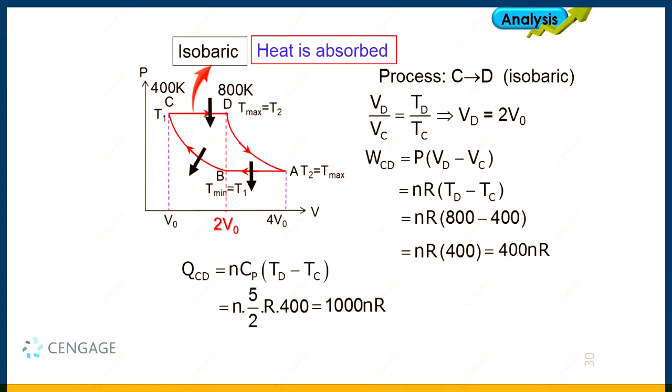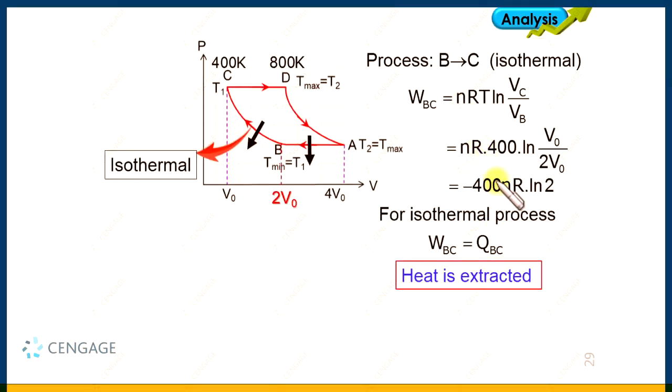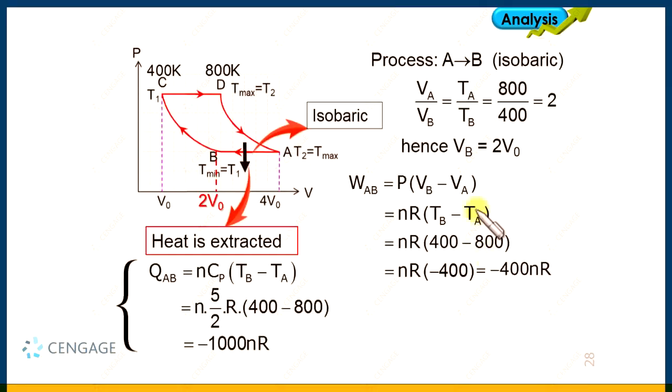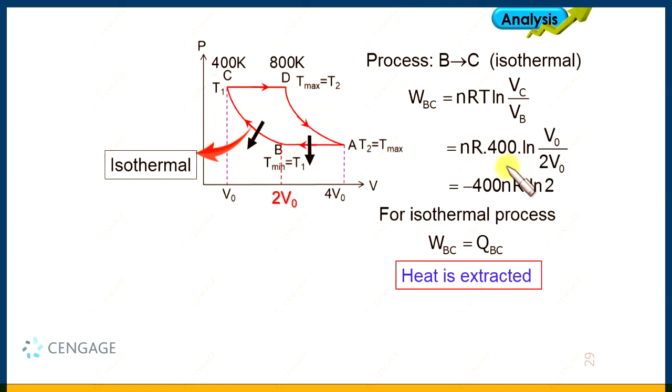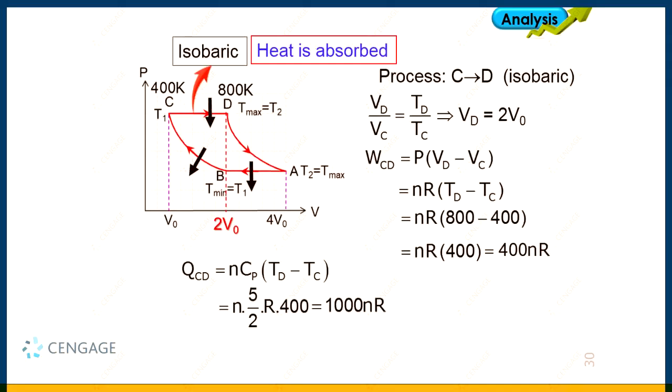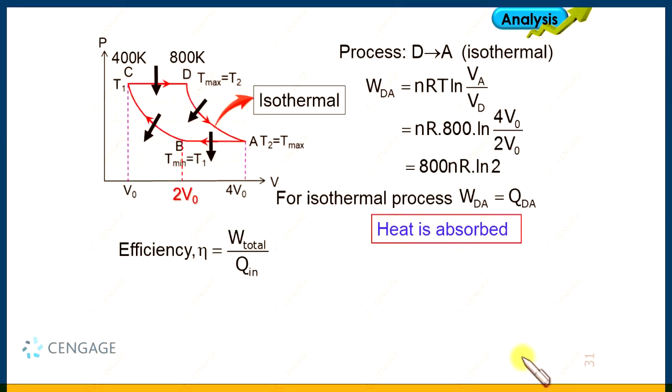So, we have calculated here W AB, right, and this value we need not write, and here W BC we need to write, and Q value we need not use because it is negative, and here WCD we need not substitute, and the value of QCD is also useful for us for calculation, and we need to use this value also.